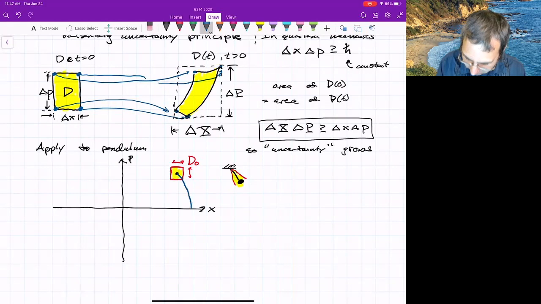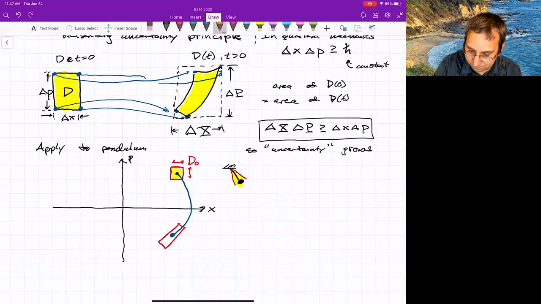Well, it goes somewhere. And then here at some later time, maybe even at the same value of X, that rectangle has deformed. I don't know what it's become, but it has to maintain the same area. Maybe it's stretched out along here.